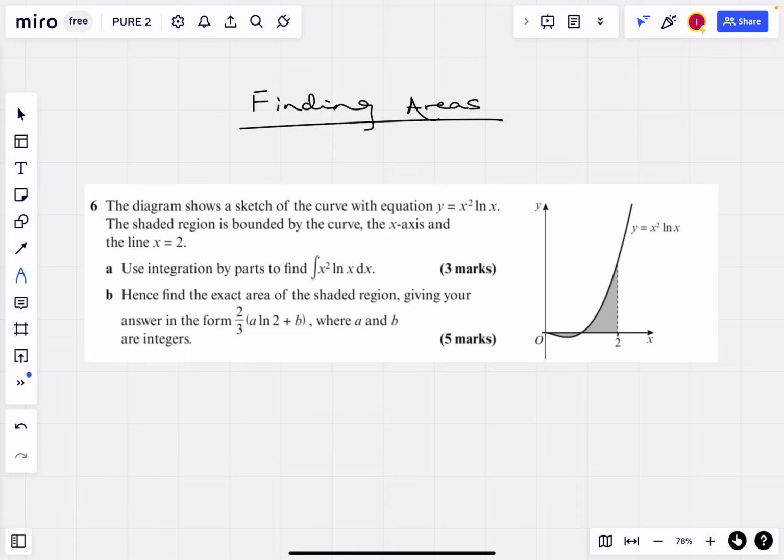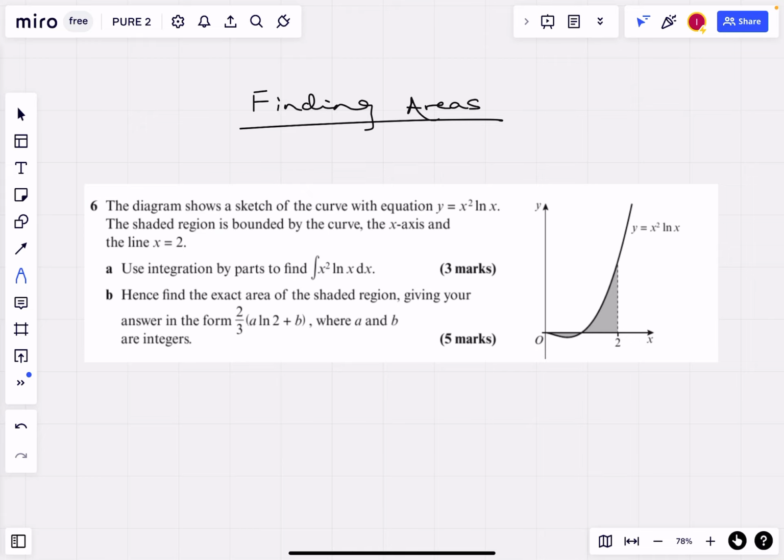So when you get to questions like this, it's going to make use of all the integration you've done previously. It's going to make use of everything you've done in Pure 1, everything you've done so far in Pure 2, so trig, substitution, parts, the reverse chain rule, all that stuff.